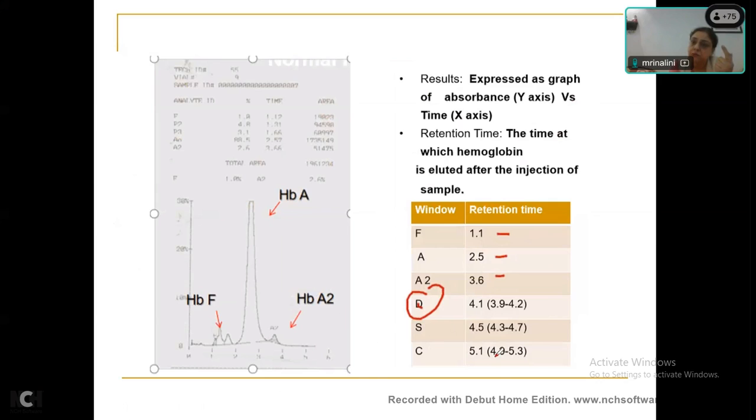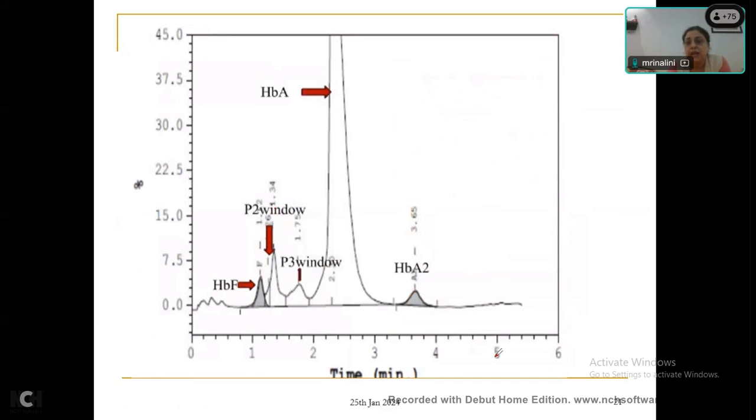So you should know roughly what the retention time is, because it is on the basis of the retention time that you are able to distinguish and identify the hemoglobins on HPLC. Apart from these, you have the P2 and P3 window, and this also you need to identify.